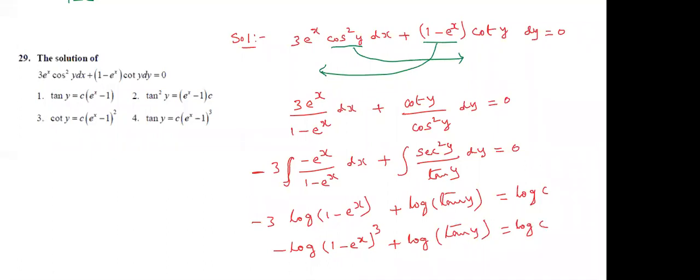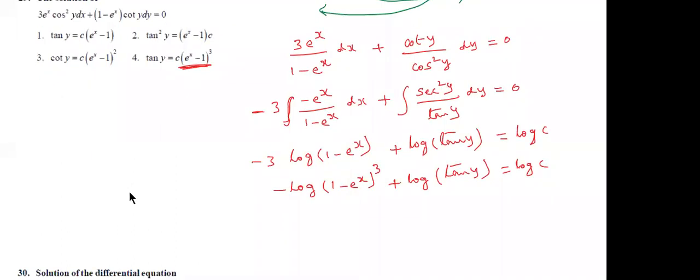By observing the options I am calculating here, e power x minus 1 whole cube is there. 1 minus e power x or e power x minus 1, we get same like that, I think. Okay. Now this is logarithm of tan y divided by 1 minus e power x whole cube is equal to log c.